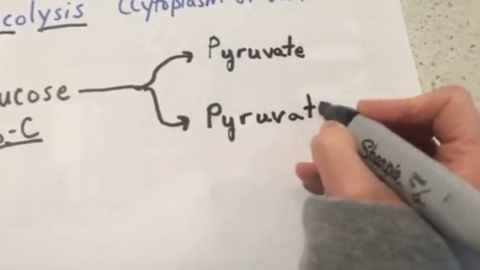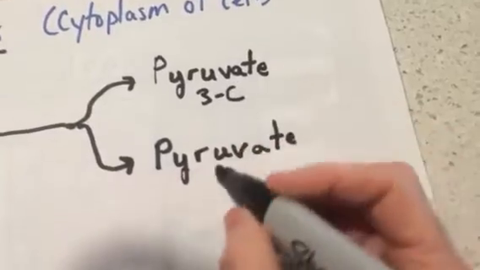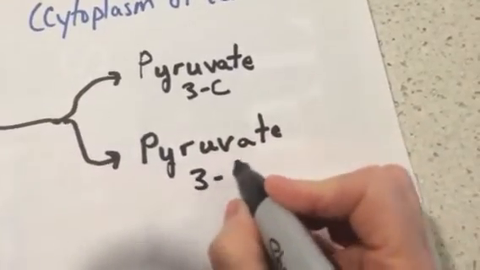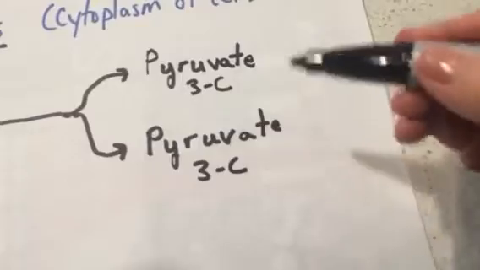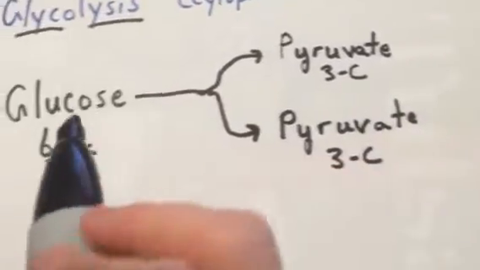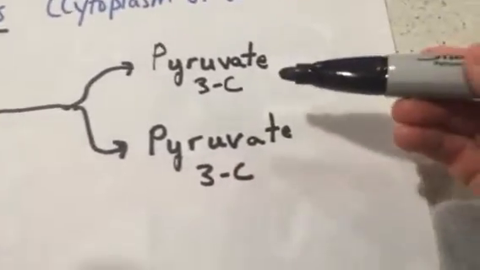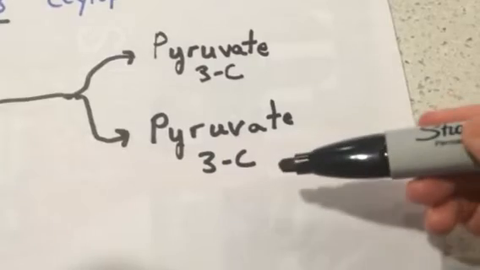Each molecule of pyruvate contains 3 atoms of carbon. So we have produced 2 molecules, each that have 3 carbons. So we started with 6 carbons. We're ending with a molecule that has 3 and another molecule that has 3.